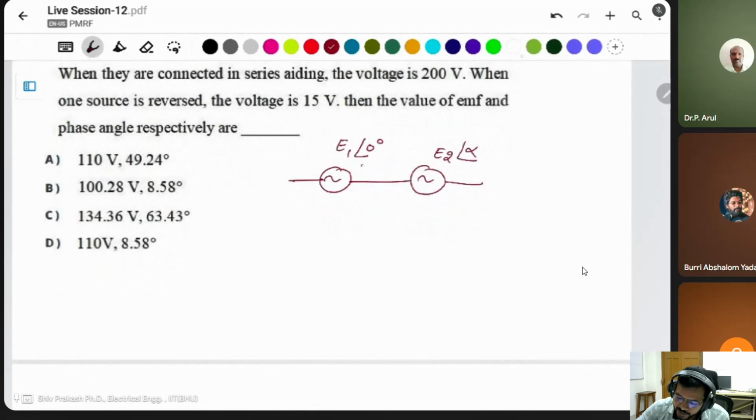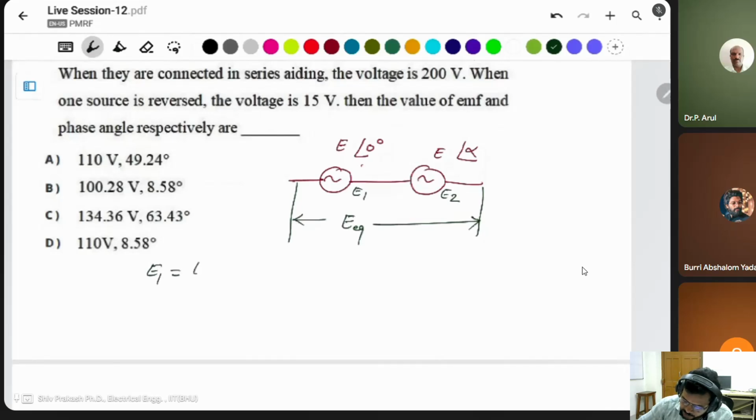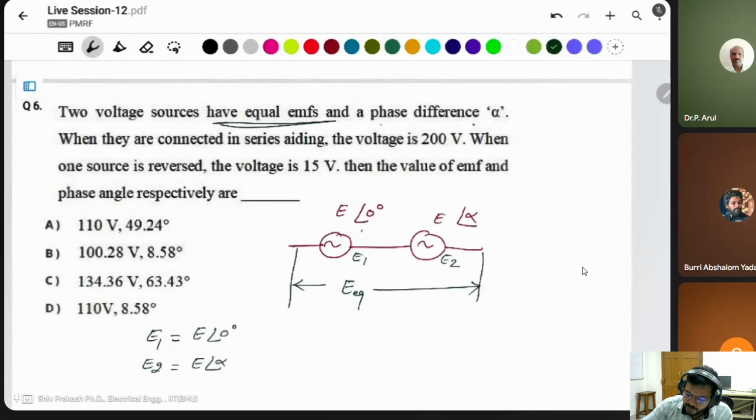If you add these, the total equivalent voltage is E equivalent. In this case, given E1 and E2, both have the same magnitude. It means E1 is E at angle 0 degree, and E2 is E at angle alpha. Only the phase difference is there. The magnitude is the same, since they have equal EMF.